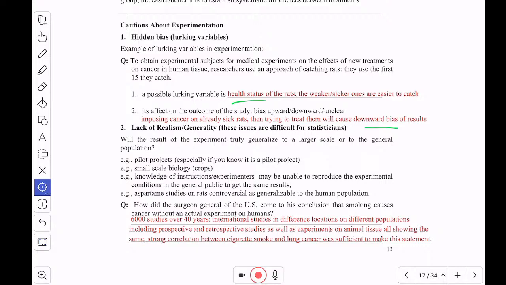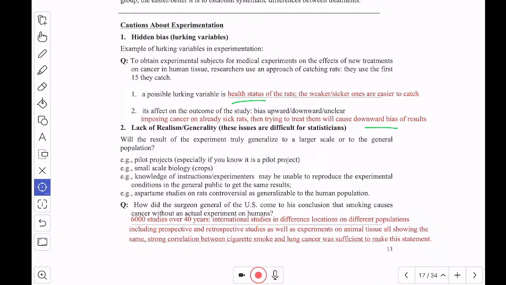So you want to make sure it's as realistic as possible. You might have to do things in phases, because you don't want to subject the general population to whatever it is that you're experimenting with, right?